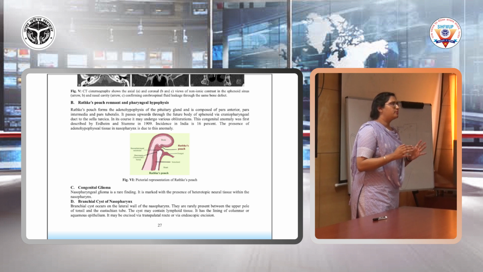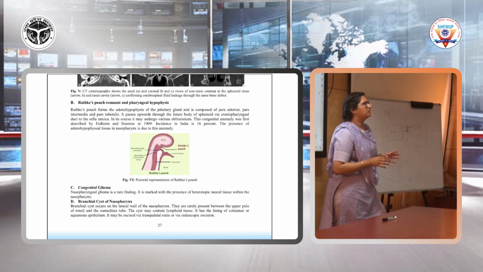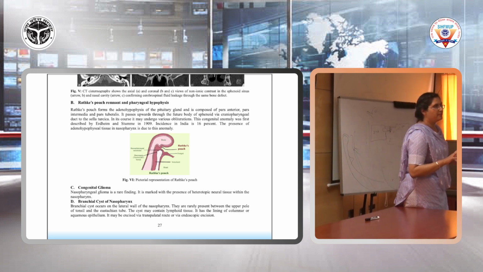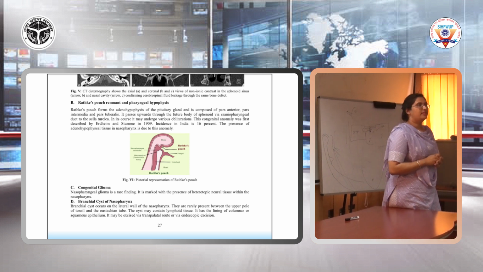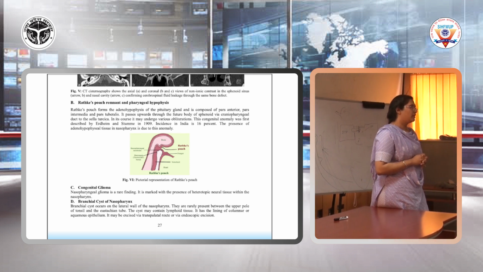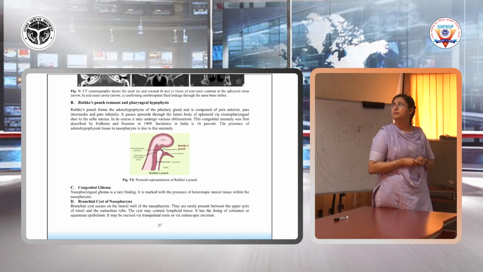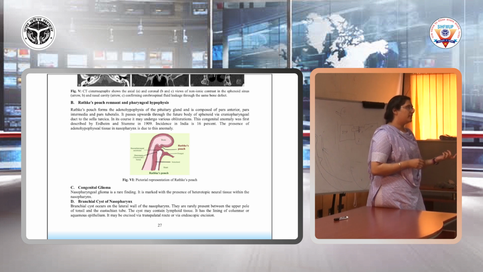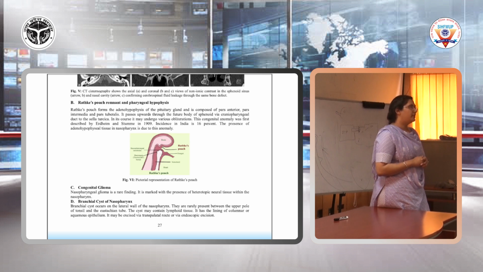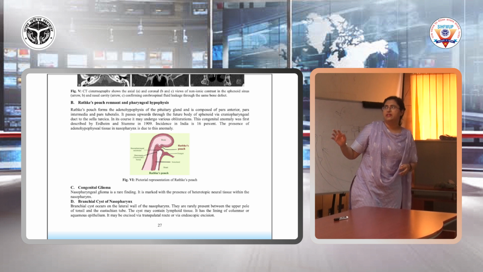It was a very small boy of, I think, 3 years, who presented with CSF rhinorrhea. Because it has pituitary gland tissue, and we as ENT practitioners do not frequently operate on the pituitary gland, it was operated by the neurosurgeons.